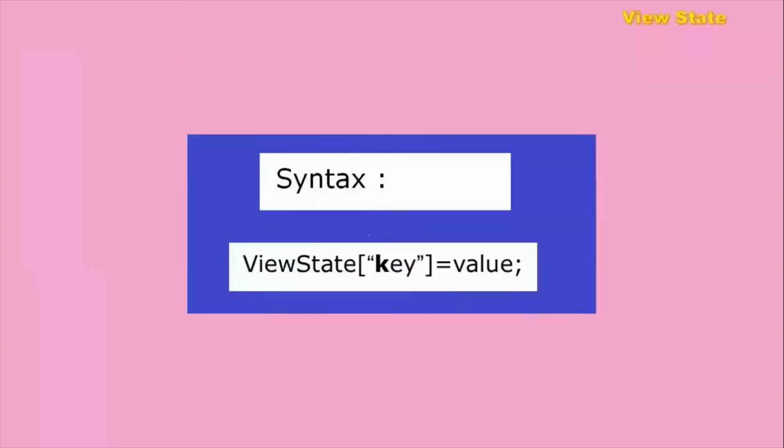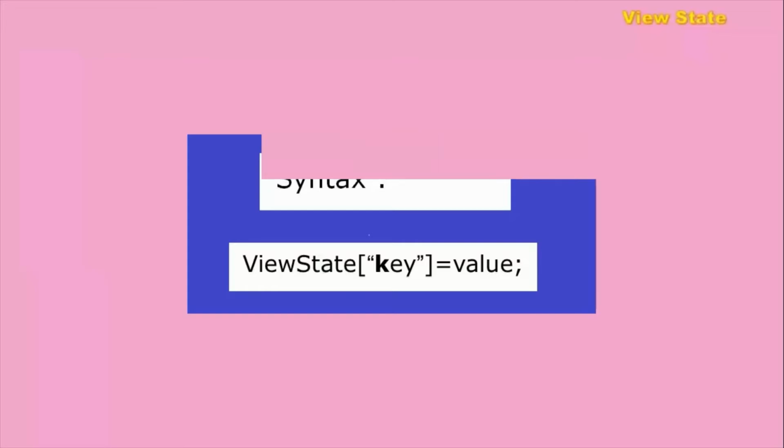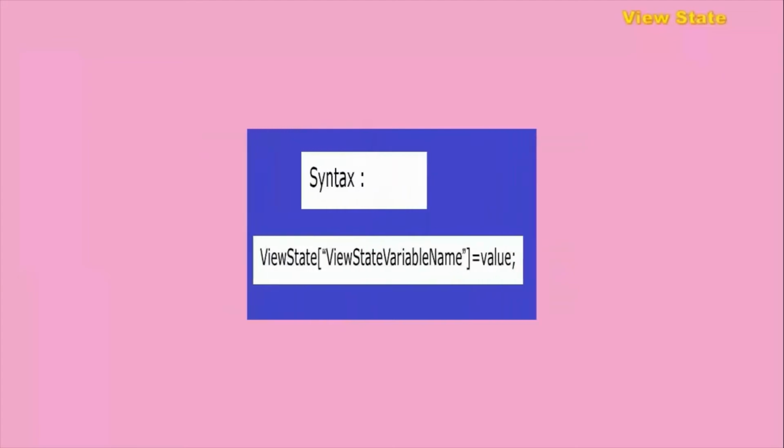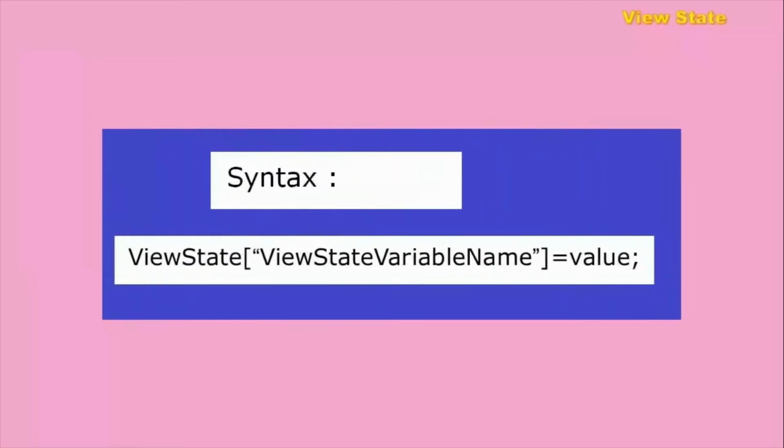ViewState is stored on key value pair basis. So syntax of ViewState is ViewState in square bracket key with double quotes is equal to value. We can say key or ViewState variable name.